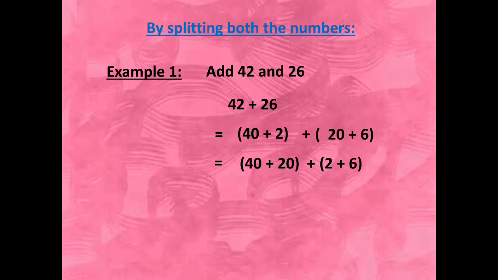Now 40 plus 20, 40, 50 and 60. So 60 plus 2 plus 6 is 8. Now we will add 60 plus 8. What is 60 plus 8? 68. So 42 plus 26 is equal to 68. Now we will take another example.